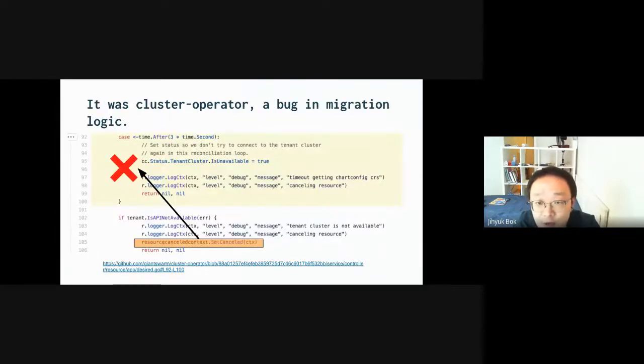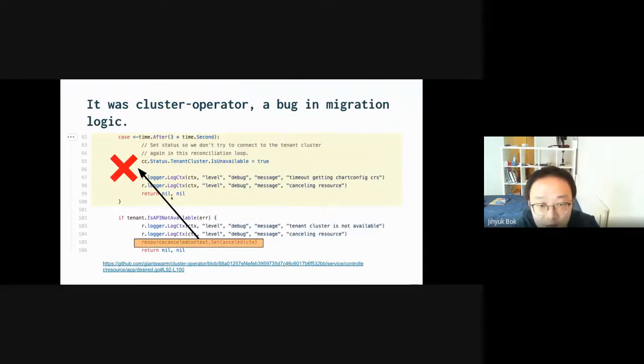There's one resource about the migrations that I checked. Probably you know that there's a chart config CRD that we used in the old days, but we are moving to the chart CR. So there's one migration logic inside the cluster operator. And whenever we get a timeout from this migration logic, we need to return it after wrapping the context with a resources canceled context.